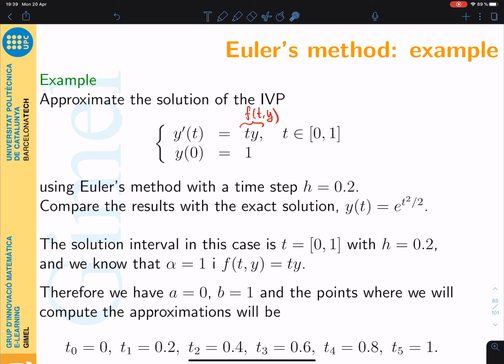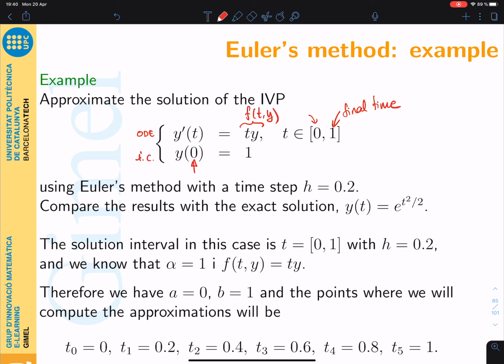So the ODE is already written properly. Here we have the final time defined where we want to approximate the initial value problem, and of course the initial time, which is the point where we have the initial condition of the problem. Okay, so we have the ODE and the initial condition of the problem.